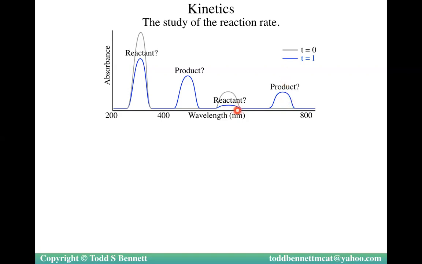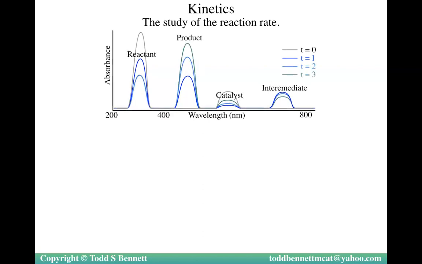The reason I have question marks is because it can't always necessarily be a reactant. It can also potentially be a catalyst that got consumed and then eventually will get regenerated, or it could be an intermediate product that's forming. There are different things that can happen here. It isn't until I do this third trial. This continues to go down, so definitely it's a reactant.